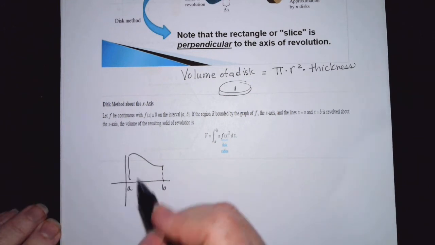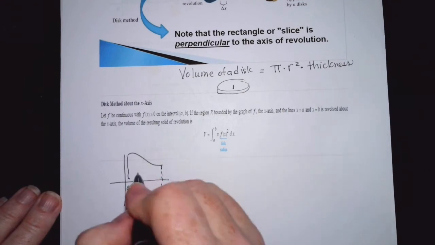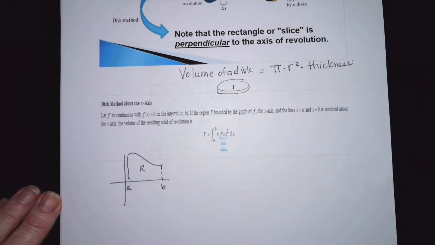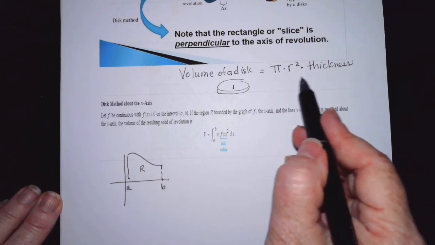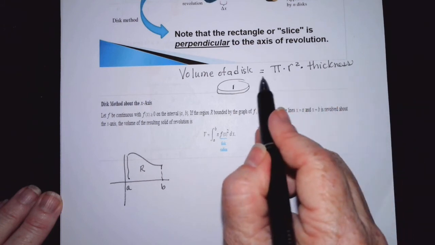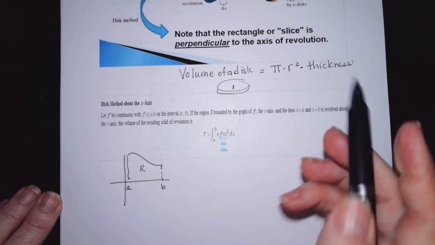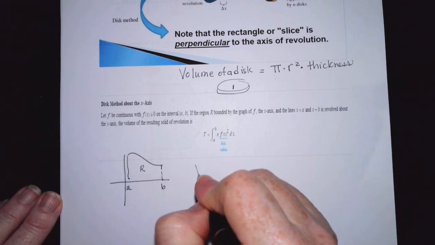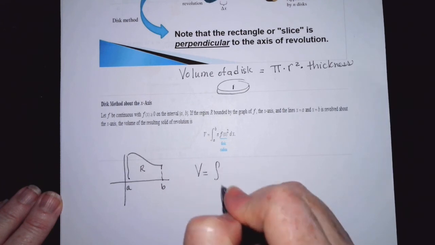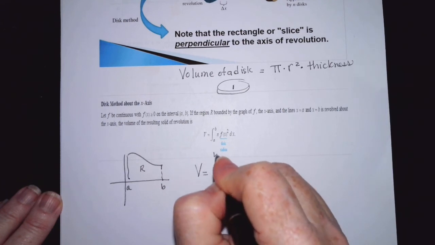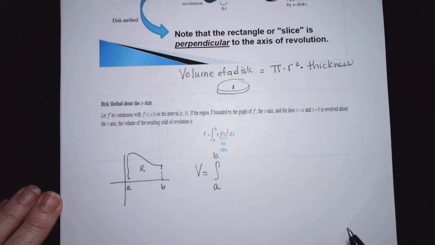and the region that we're talking about rotating, say around the x-axis, is what's below the graph and above the x-axis, then this formula for finding the volume of a disk would translate to: the volume would be what we get when we add up all the little disks from a to b.